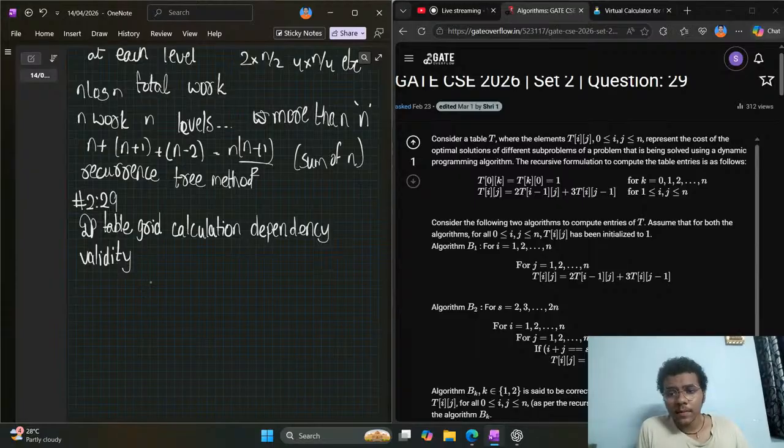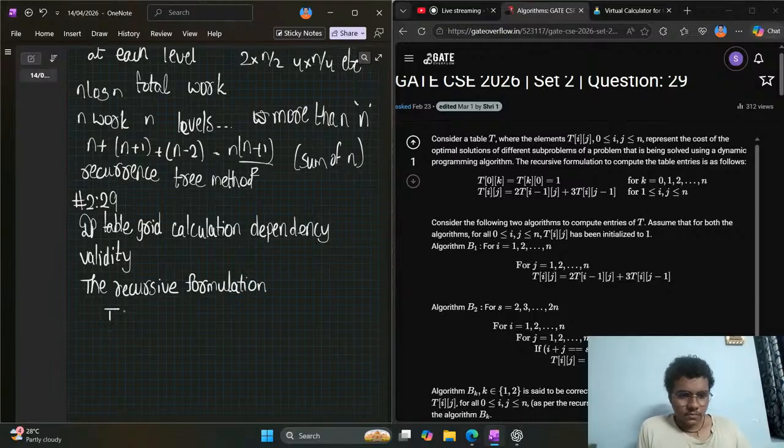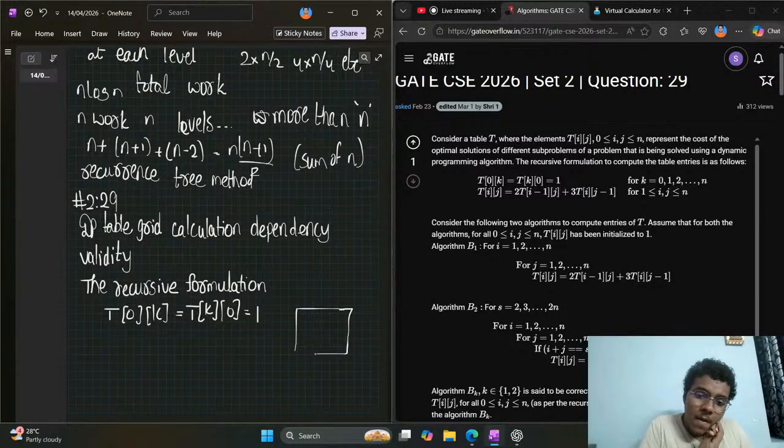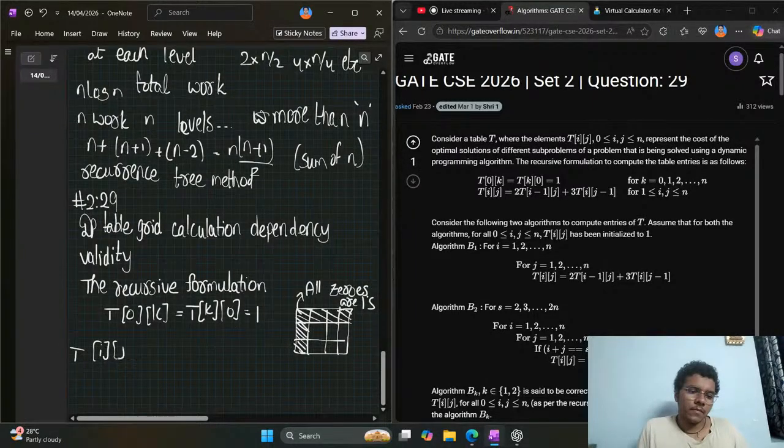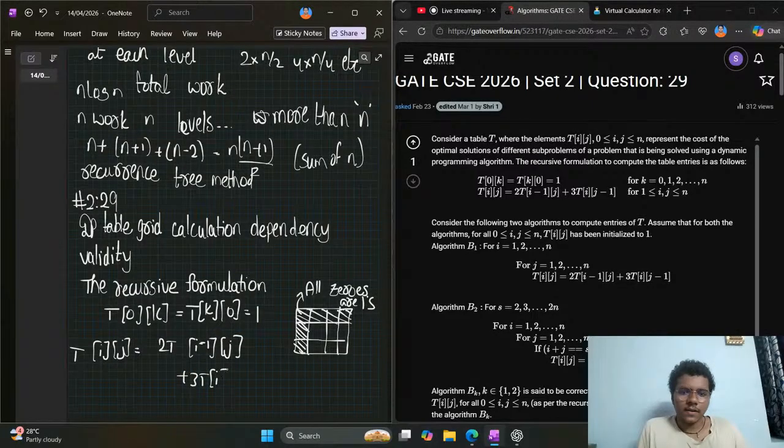The recursive formulation: T of i, j is equal to 2 T of i minus 1, j plus 3 T of i, j minus 1.